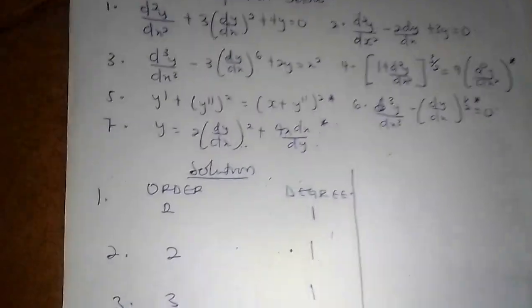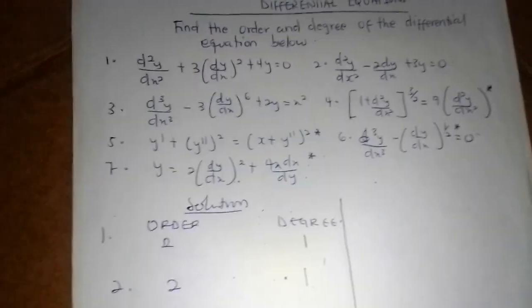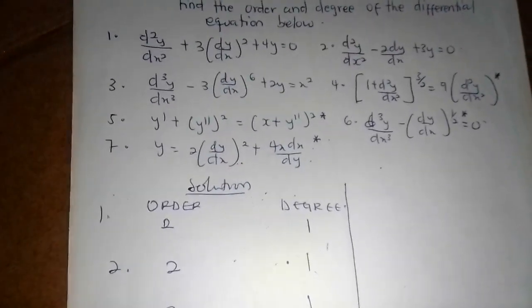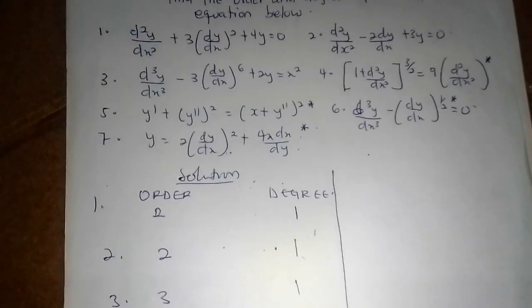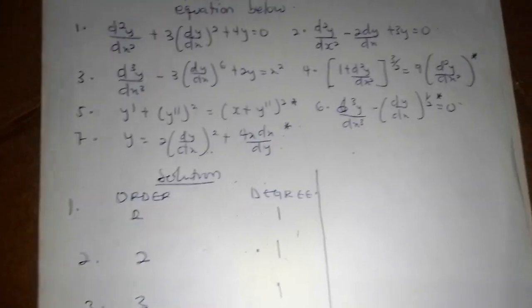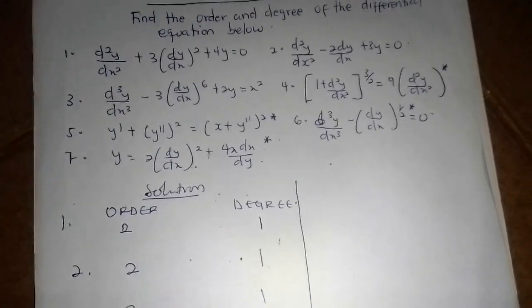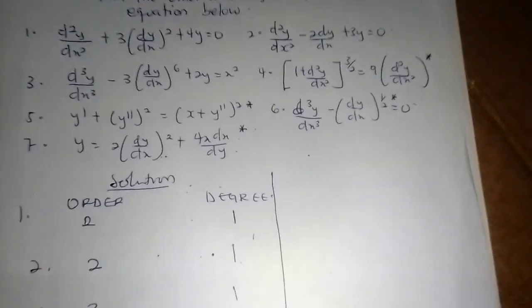Now let's go to the fourth question, which has an asterisk, meaning that it should be taken note of. So with the fourth question, I'm going to rewrite it here so that we solve to see it. Now, one thing to take note of is that for you to find the order and the degree of any differential equation, you should make sure that the differential equation is in the form of a polynomial.